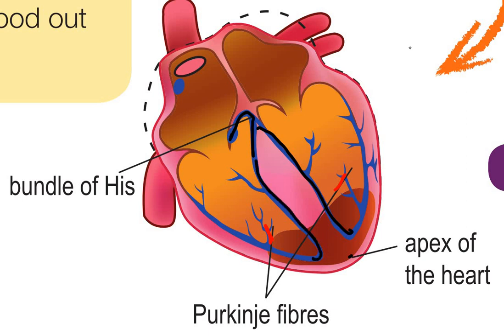And to the apex of the heart. So that's why I want you to correct the label. The label Purkinje fiber is at the blue one here, not here. At the blue one.